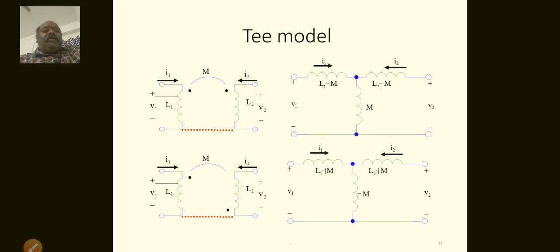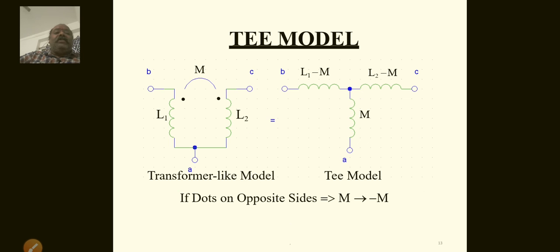L1 plus M and L2 plus M, and here minus M, because here the dot is on the lower side. Previously it was mutual induction M, not minus M, with L1 minus M and L2 minus M. But here L1 plus M and L2 plus M, with minus M here. This is opposing. So this is the T model.